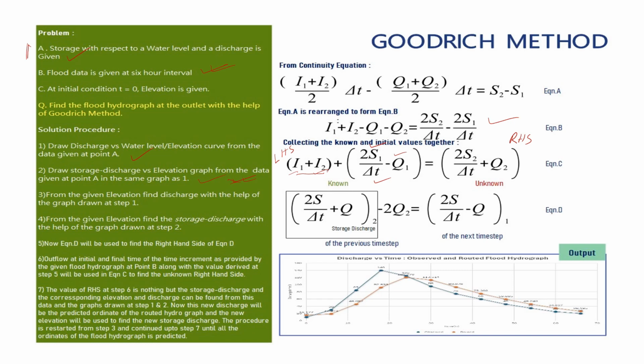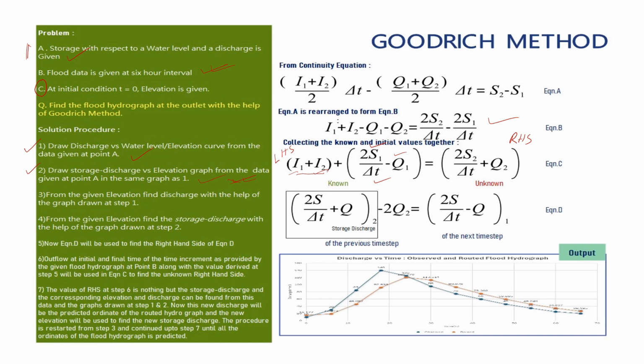So what we'll do is, we have already drawn that graph, right? And we also know from point C that at the initial condition, that means at the 0th time, the elevation is given. And we have drawn these two graphs, the step 1 graph and the step 2 graph, with the elevation on the x-axis.